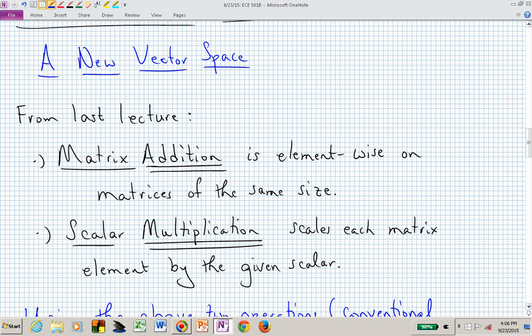Well, now we will have a vector space as a result of these 2 kinds of operations on a set of matrices.